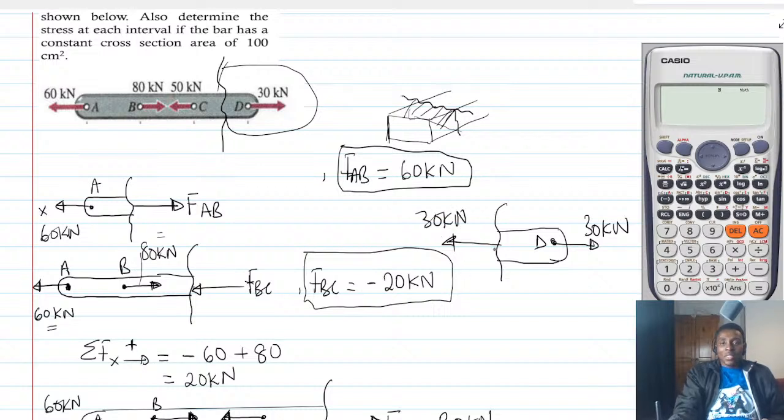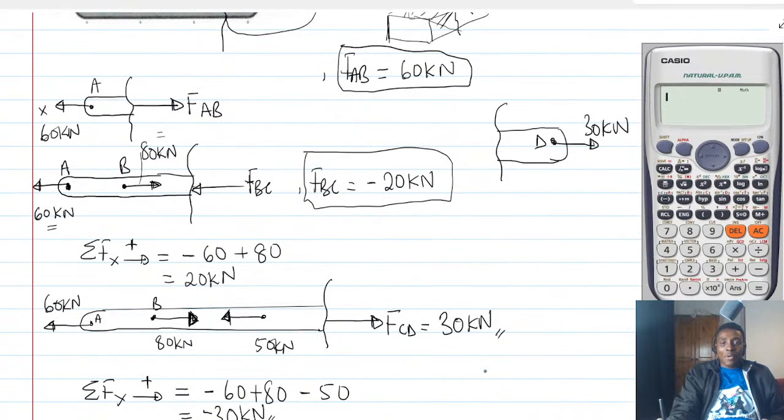Right? Because if I have this 30 and then I have this 30, it's going to what? Zero. Is that right? So you realize that in both scenarios we can actually solve and get the internal force.